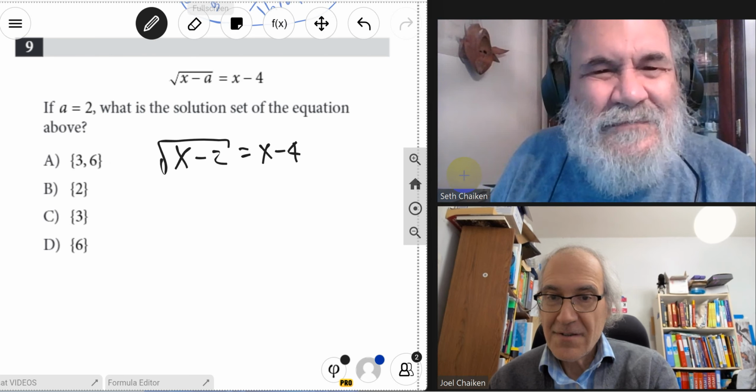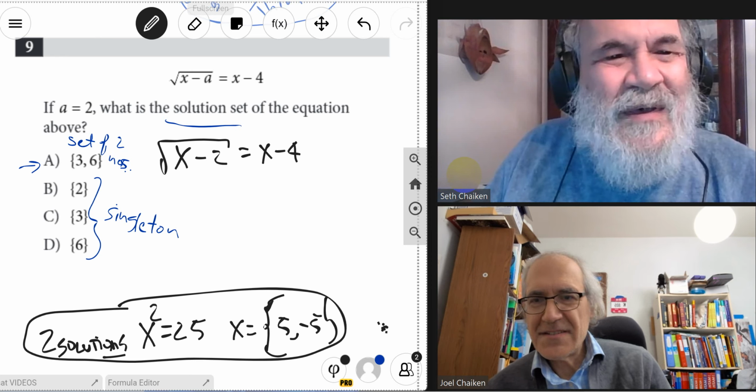What I did at the beginning was check if answer A is the right answer. I checked x equals 3 and x equals 6 with the A replaced by 2, and bingo, they both work.